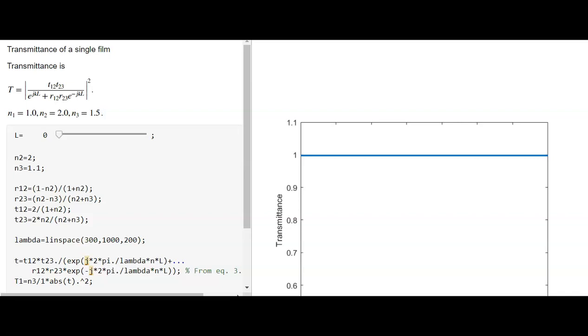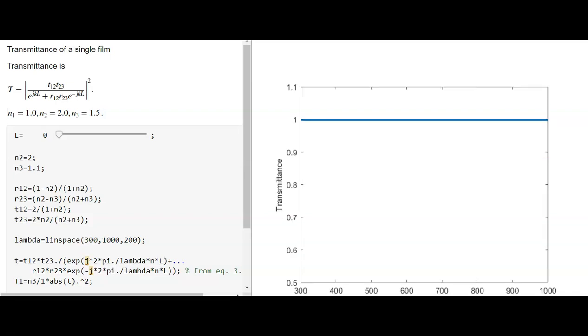The refractive indices in the model are: the incident refractive index is 1, the index of the film is 2, and the semi-infinite substrate is 1.5.